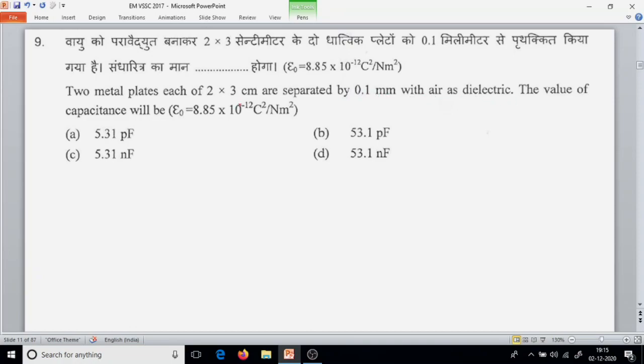The value of capacitance will be, capacitance is given by C equal to A epsilon naught epsilon R divided by D. What is the area? 2 multiplied by 3. Both are in centimeters, but we need it in meters, so multiply by 10 to the power minus 4.